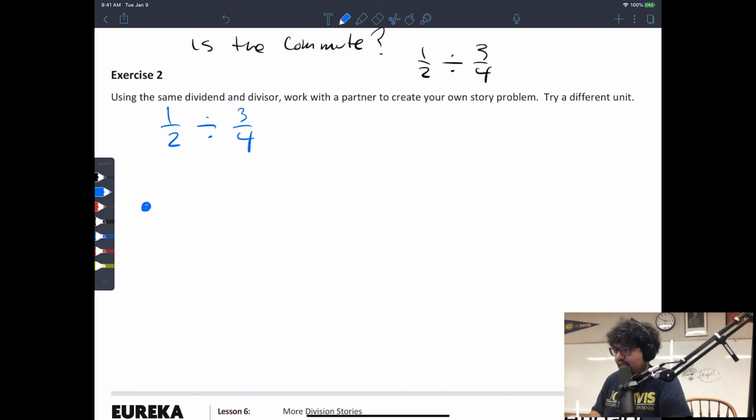So we can say a snail saw food sitting a distance away.